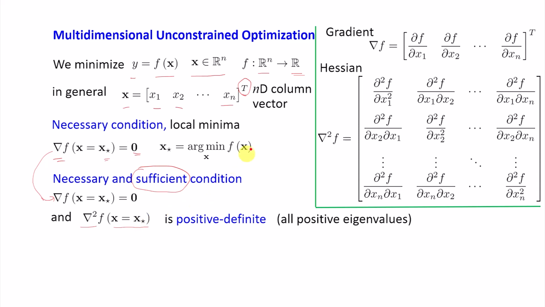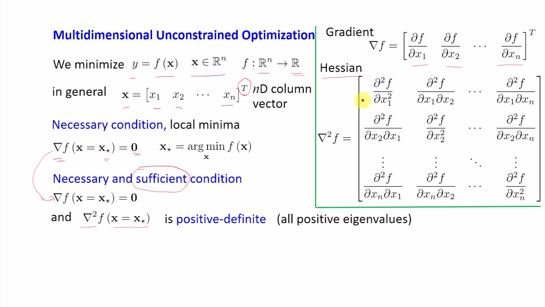To see it, let us go through the definition of gradient, that is del f, which is an n-dimensional vector. Each of its elements is a partial derivative of f with respect to one of the components of this design variable x. So first one is del f del x1, then del f del x2, all the way up to del f del xn. Del 2f is something that we call Hessian, and Hessian is an n by n matrix.